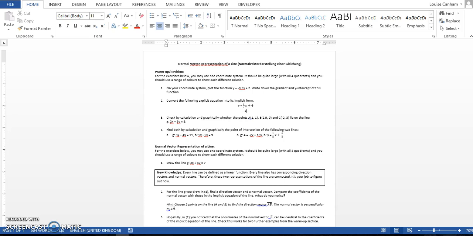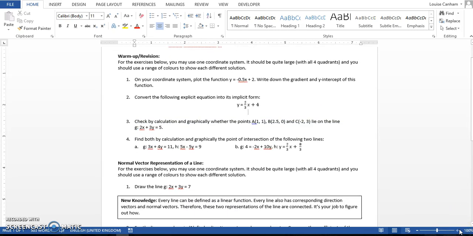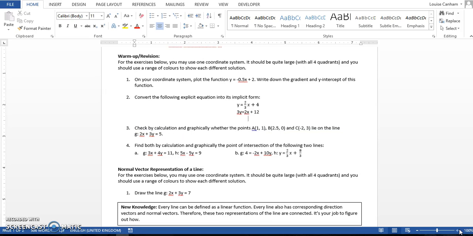So in this case, if I multiply my equation by 3, I get 3y equals 2x plus 12. And then if I take 2x away from both sides, I would then get 3y minus 2x equals 12. And that there is in its implicit form.